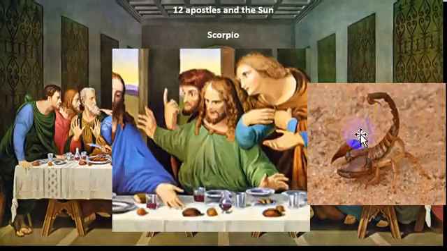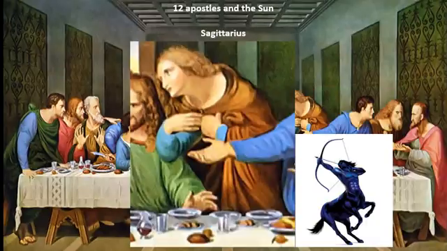His stinger is from the back. He's behind the back of the other apostle, and this represents stinging from the back. Here we have Sagittarius, and I put the archer there because it's almost like he's grabbing his chest, like he's being pierced at the heart.